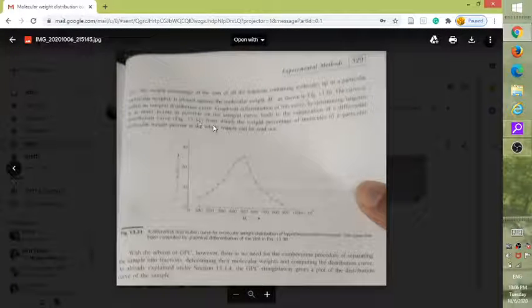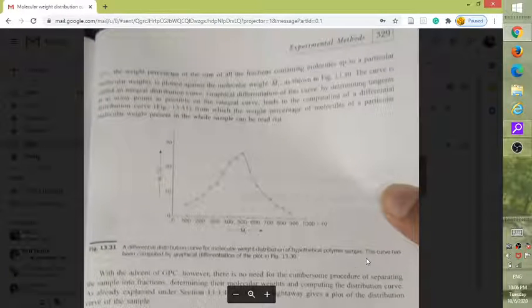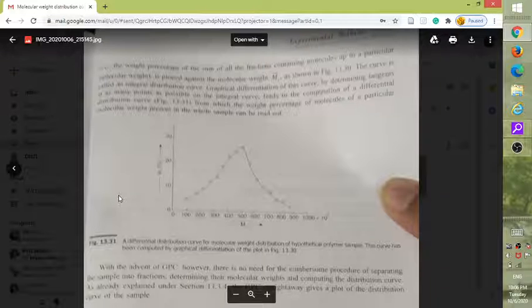It leads to computation of a differential distribution curve from which the weight percentage of molecules of a particular molecular weight present in the whole sample can be read out. So this is the differential distribution curve for molecular weight distribution of the hypothetical polymer sample. The curve has been computed by graphical differentiation of the plot.